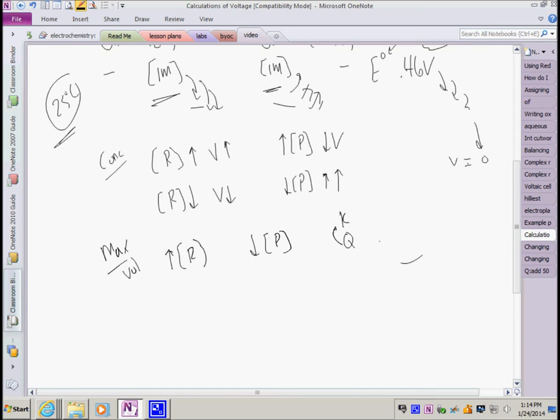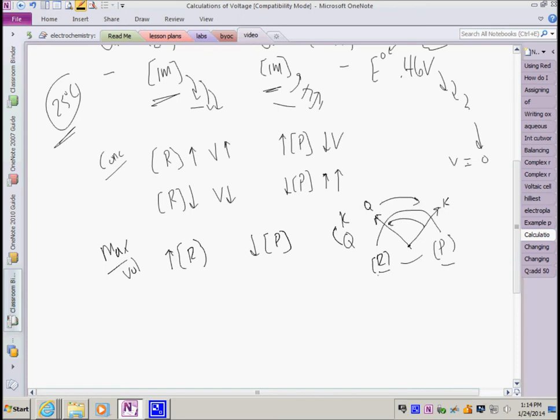I always use a little picture like this, reactants going to products, and eventually you'll get to a point where your concentration of reactants and concentration of products get to some balance point called K. And of course, as I drag myself off of this point, changing the concentration of reactants and products, I get a Q point, and eventually it rotates back.